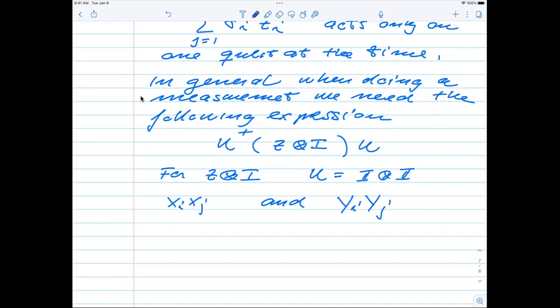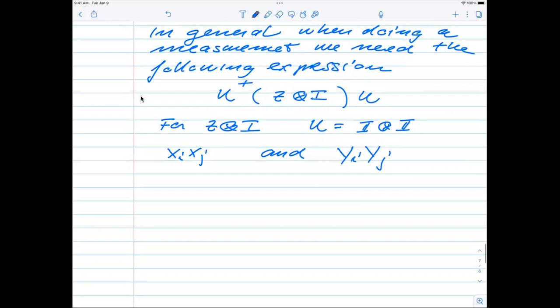If I take the X times X matrix, what I need then is a controlled knot matrix. So let me rewrite this as an X times X, and this is a Y times Y.